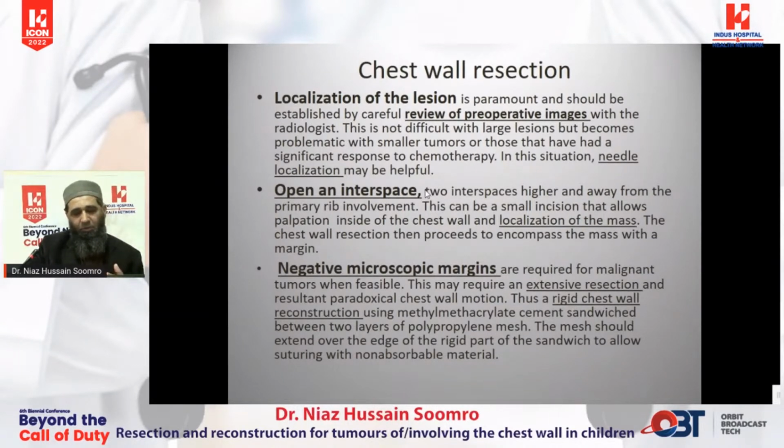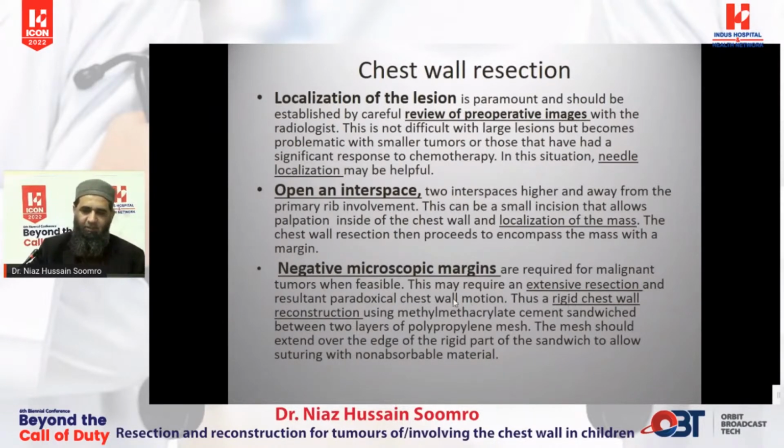So you open one or two spaces above the lesion, and from inside you prepare the tumor and get a resection margin clearly of 2 to 4 centimeters depending on the nature of the tumor.